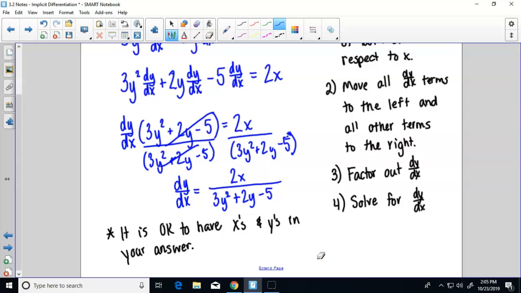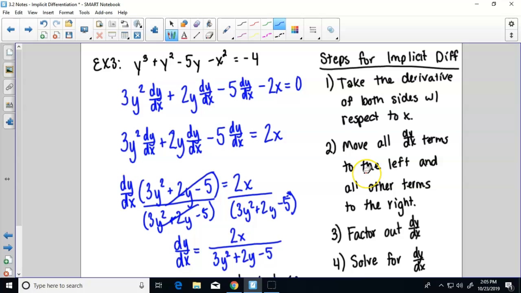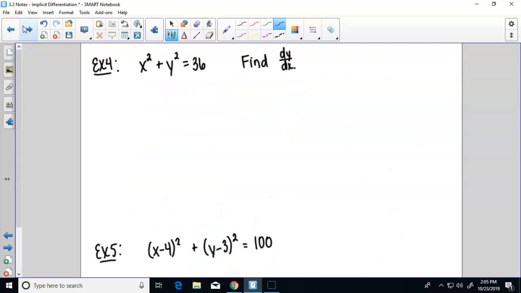And there's not a whole lot of things in calculus where I can give you step 1, step 2, step 3, step 4 instructions like I've done here. But implicit differentiation is basically always going to work like this. The only thing you have to watch out for in implicit differentiation is problems where you have to use a product rule or a quotient rule or something like that whenever you are taking the derivative.